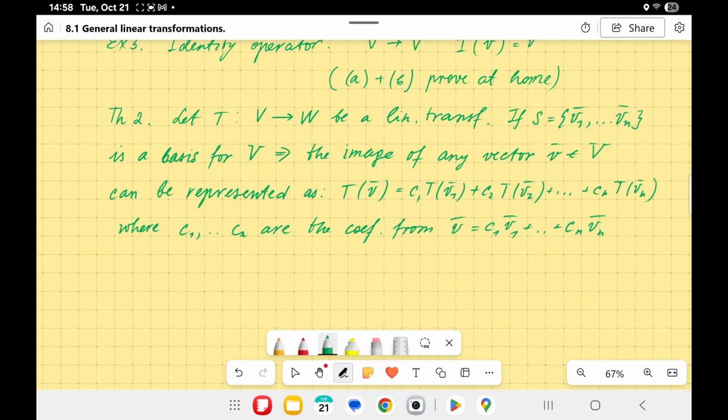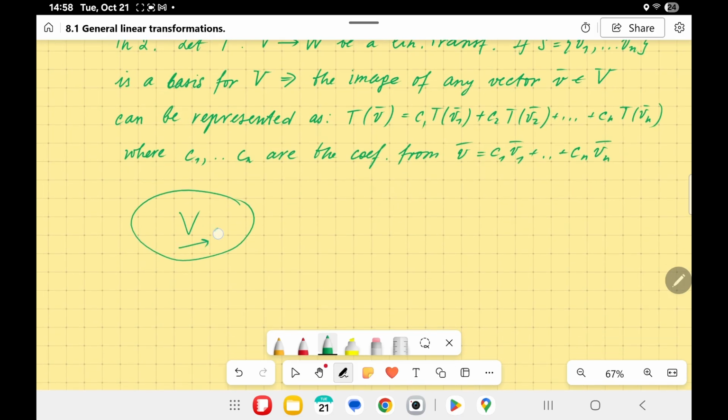Well, that's a theorem, but actually there is not much to prove, right? What we are trying to say in this theorem is that if you have a vector space V and a vector V in it, with a basis S, we can represent any vector V as a linear combination of basis vectors, because a basis is a set of vectors which spans the vector space. So C1 V1 plus and so on up to Cn Vn, right?